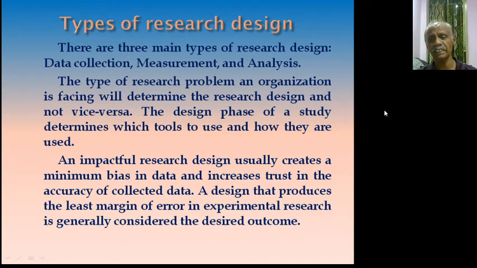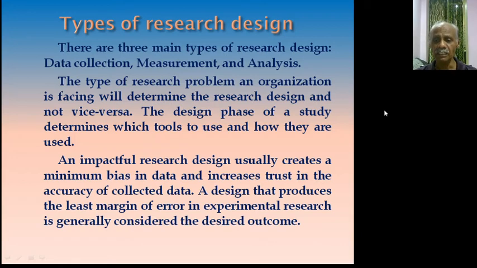There are mainly three types of research designs which are connected to the action and activity of the research process. They are data collection, measurement and analysis. The type of research problem an organization is facing will determine the research design, and not the opposite of it.